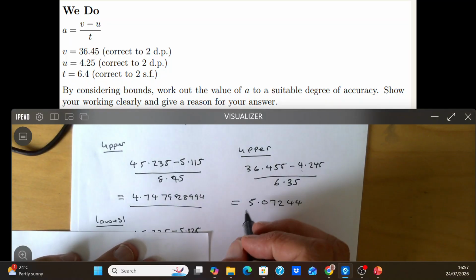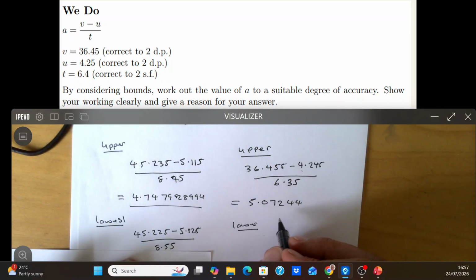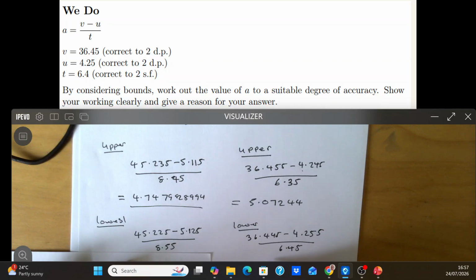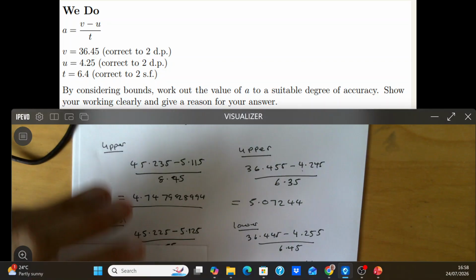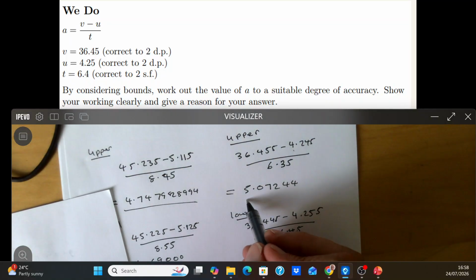Right, now then what did I do? I worked out my lowest, or my lower. You work out your lower. So you should have those two values.